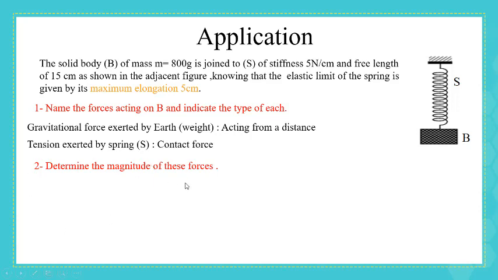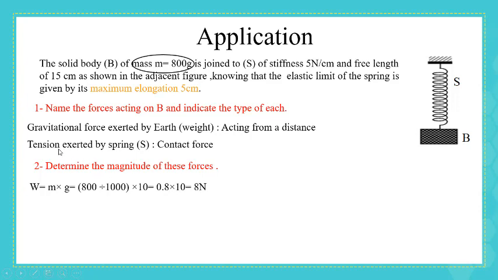Number 2, determine the magnitude of these forces. To find the magnitude of these forces, let's start with the weight force. It's given that the mass is equal to 800 grams. So weight is equal to mass times gravity, but you have to convert from gram to kilogram by dividing by 1000. Then 0.8 multiplied by 10 is equal to 8 Newton.